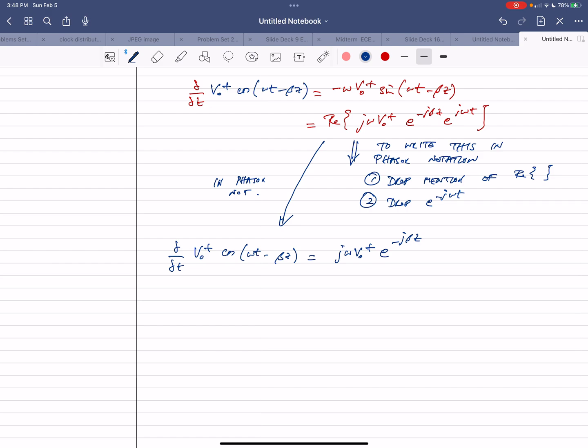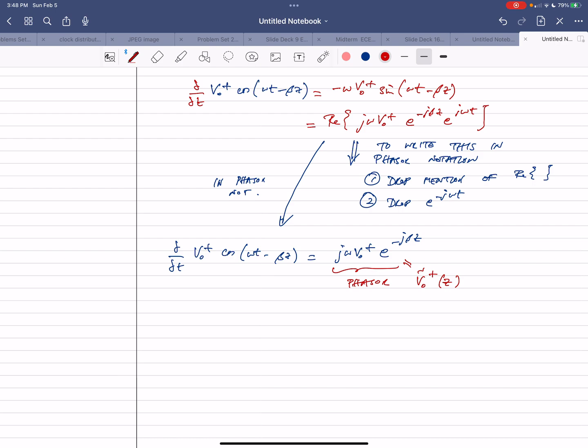And I'm going to call this the phasor, and the symbol for this is going to be V0 hat plus Z. So these two are just going to be equal to each other. And again, this is just a way of trying to simplify the math.